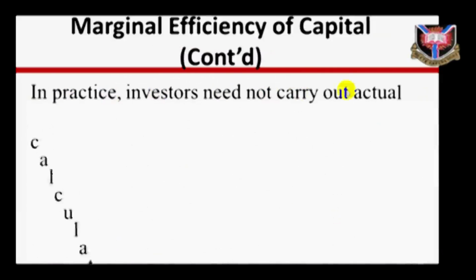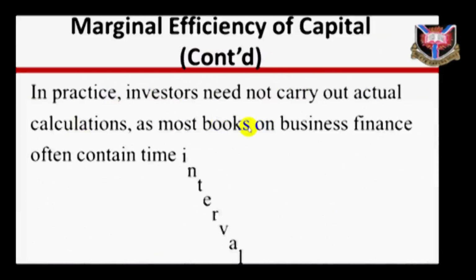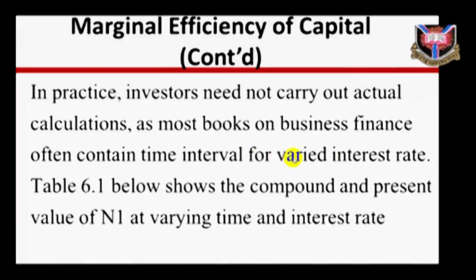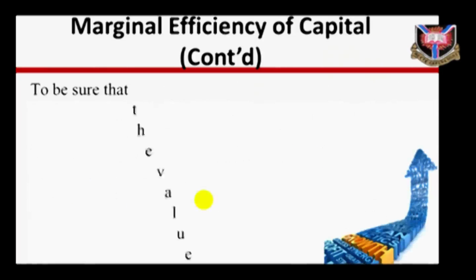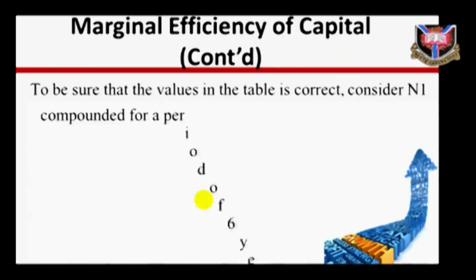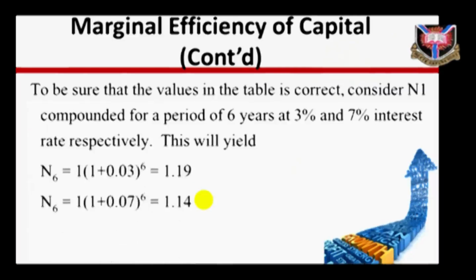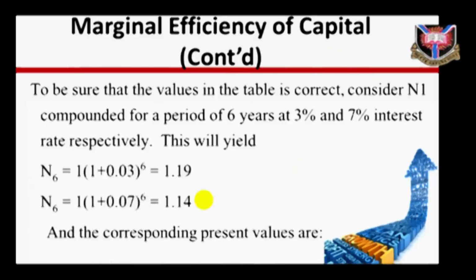In practice, investors need not carry out any actual calculation, as many books on business finance often contain tables for varied interest rates. To be sure that the values in the table are correct, consider N1 compounded for about 6 years at 3% and 7% interest rate respectively. This will yield N6 equals 1 of 1 plus 0.03 in bracket to power 6, which equals 1.19.